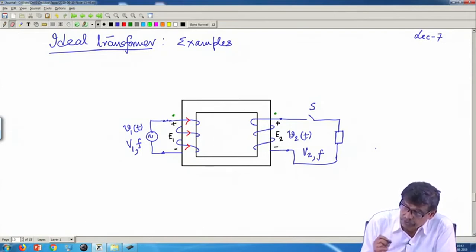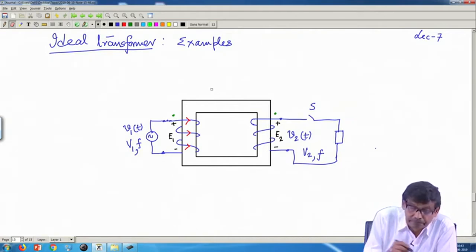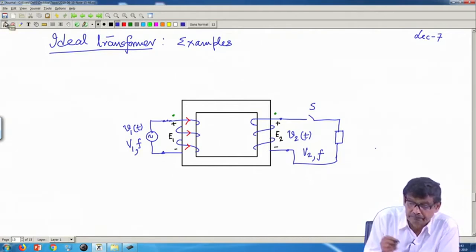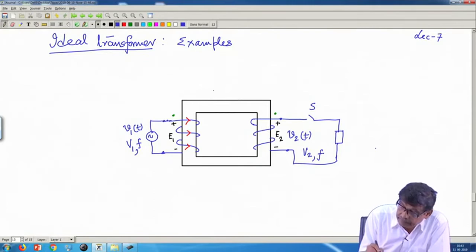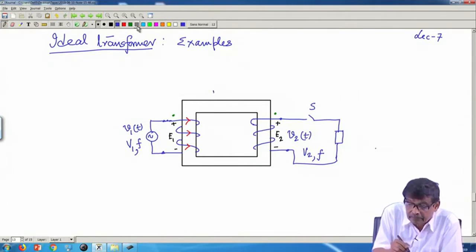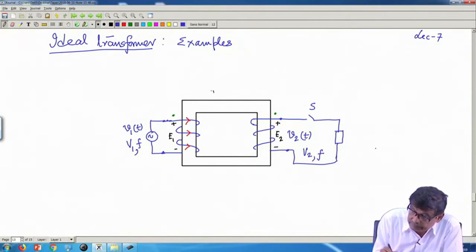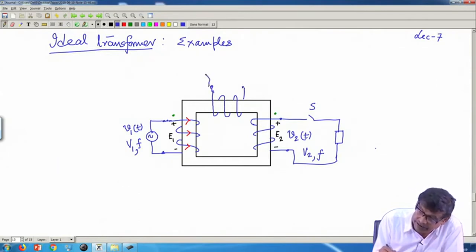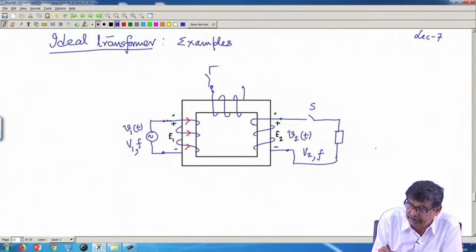What I do is connect another, third coil, and here also I will connect a switch and load.